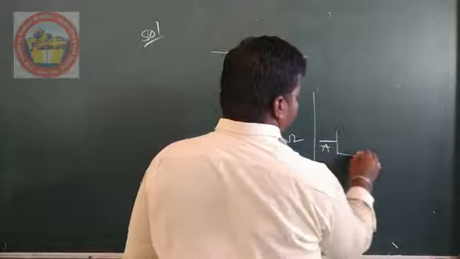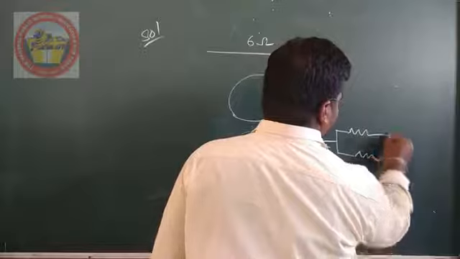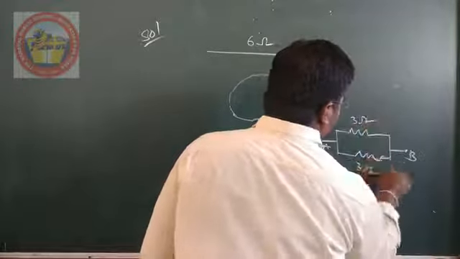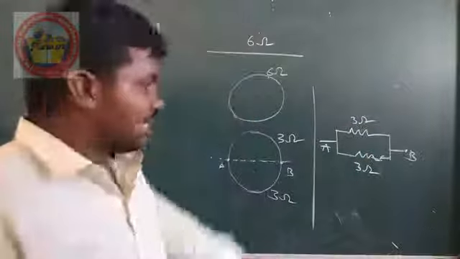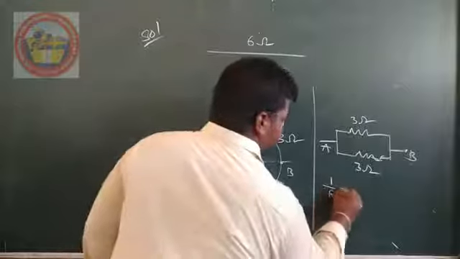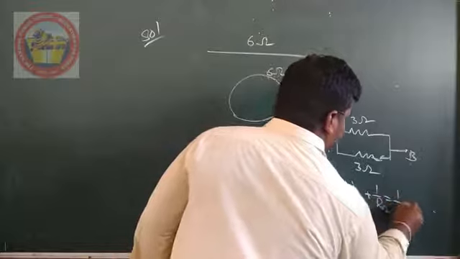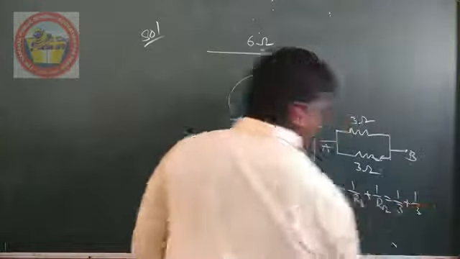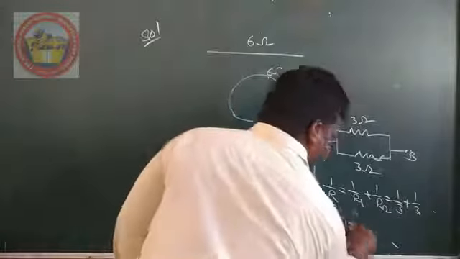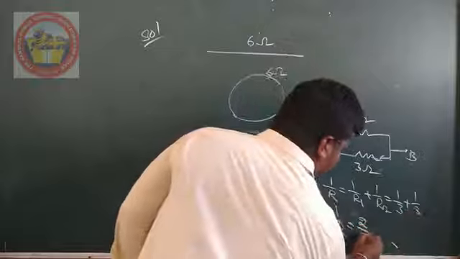Here the 3 ohms are in parallel. What is the formula? 1 by R is equal to 1 by R1 plus 1 by R2, which is 1 by 3 plus 1 by 3, because R1 and R2 are both the same. So 1 by R is equal to 2 by 3.